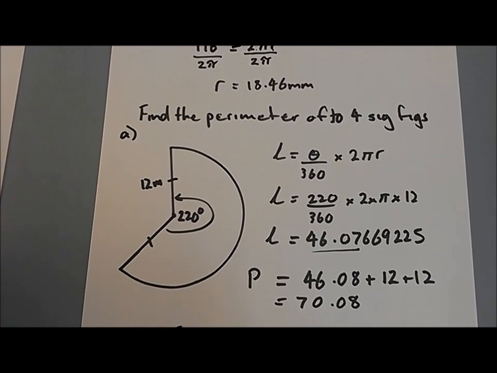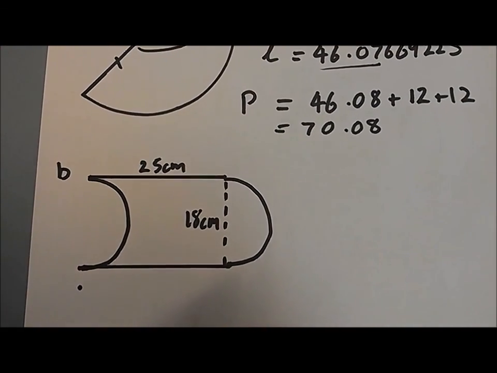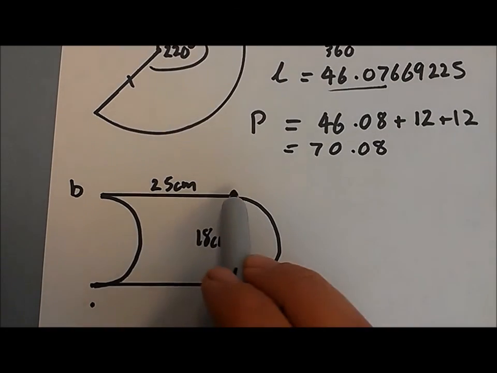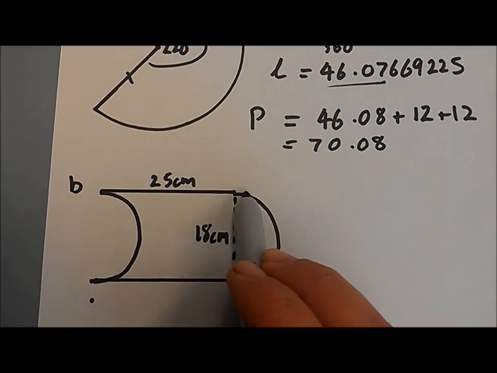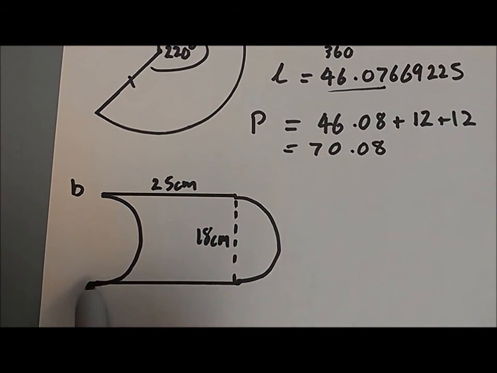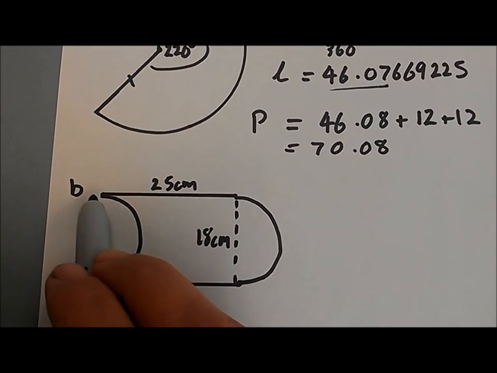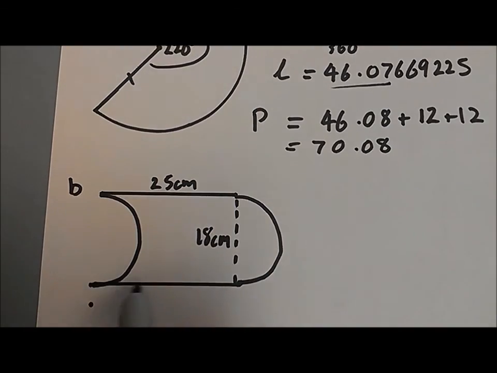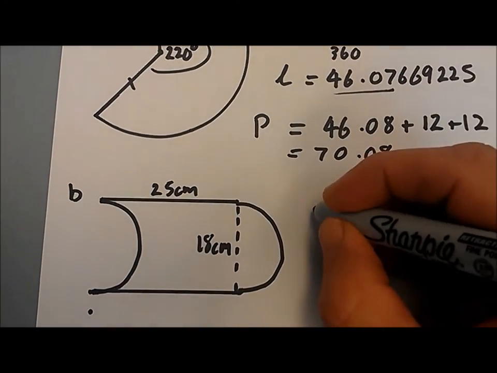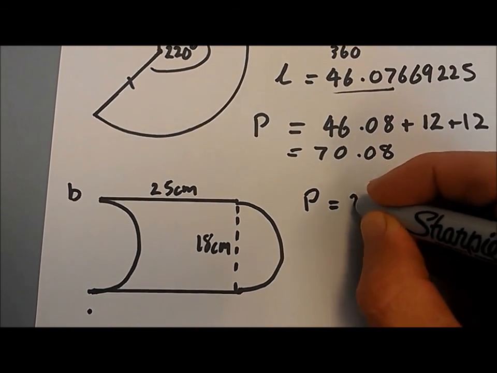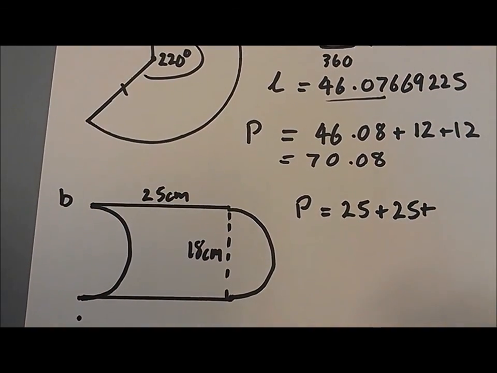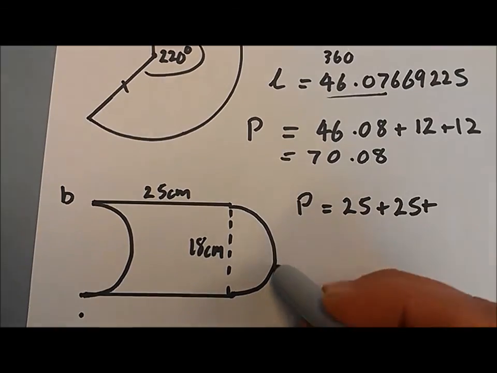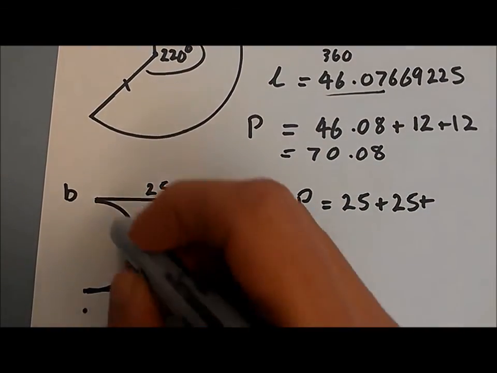Okay. Another shape, asked to find the perimeter of this shape as well. So here I've got this strange looking shape. It's two straight lines, a semicircle, and then a semicircle coming in. So realistically the shape's perimeter consists of both the straight lines, which are both 25, and also it consists of two semicircles.